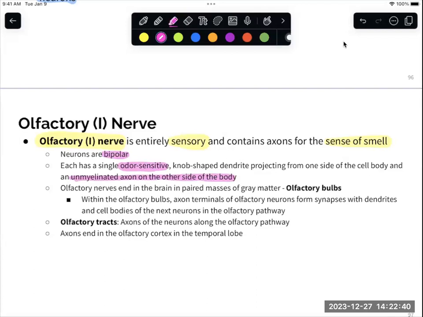These olfactory nerves are going to synapse into the olfactory bulb. We'll see this more when you look at chapter 17. This olfactory bulb makes the beginning of the olfactory tracts that make their way to the olfactory cortex and the temporal lobe.